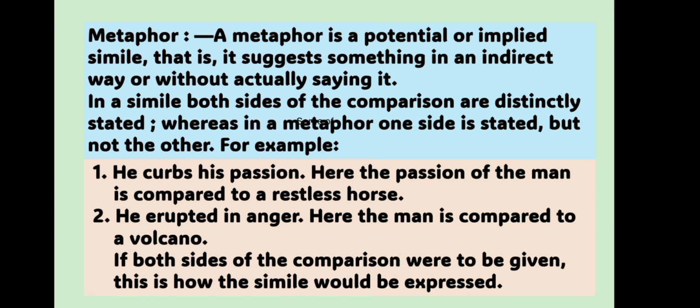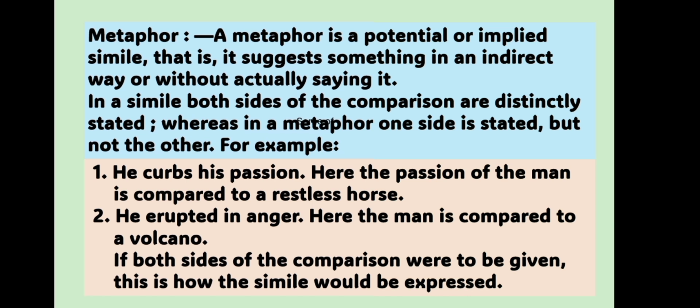Another important thing to note is that in a simile, both sides of the comparison are clearly stated, whereas in a metaphor, only one side is stated but not the other.